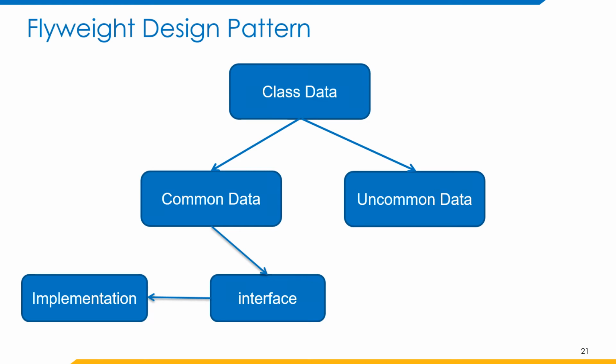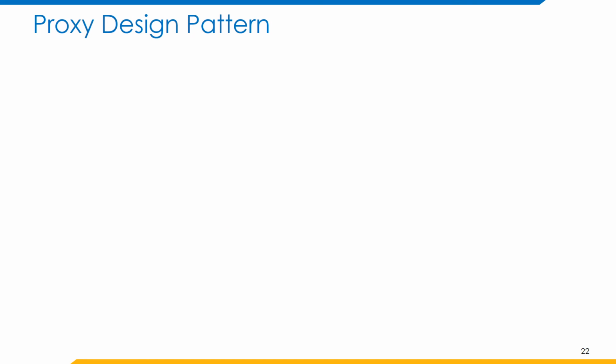Proxy design pattern. In the proxy design pattern, we are creating the proxy object of a real object. In some cases, the object creation process is time taking, and at the same time, some data is required to create the object.